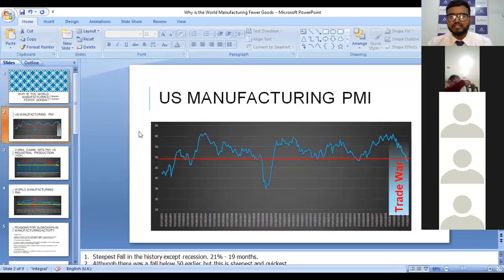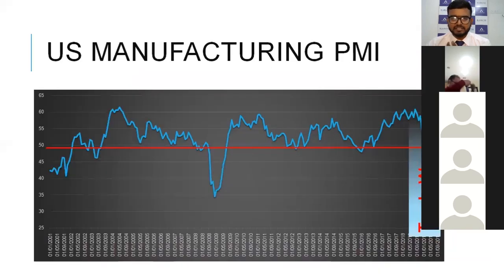So here you can see the US manufacturing PMI. PMI is the Purchasing Managers Index. That means the Institute for Supply Management takes data from different market participants, different industrialists, and calculates the Purchasing Managers Index.